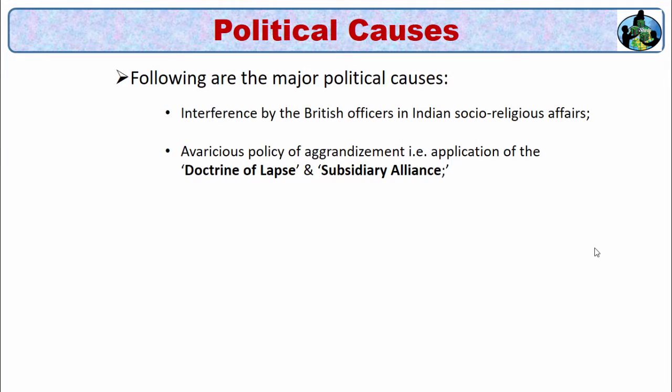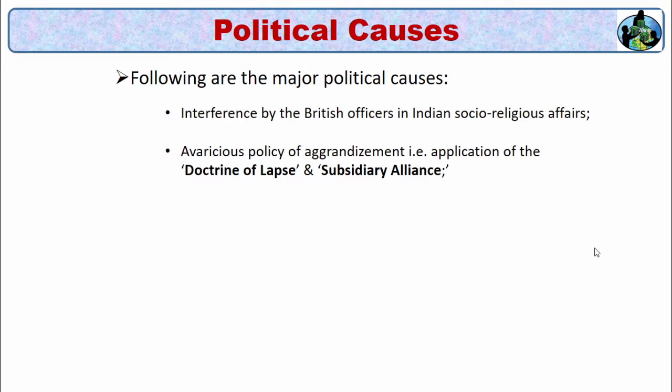Political causes were significant, as East India Company officials introduced suppressive policies, namely subsidiary alliance and doctrine of lapse. Governor General Wellesley introduced the concept of subsidiary alliance. According to the terms of this alliance, Indian rulers were not allowed to have their independent armed force.